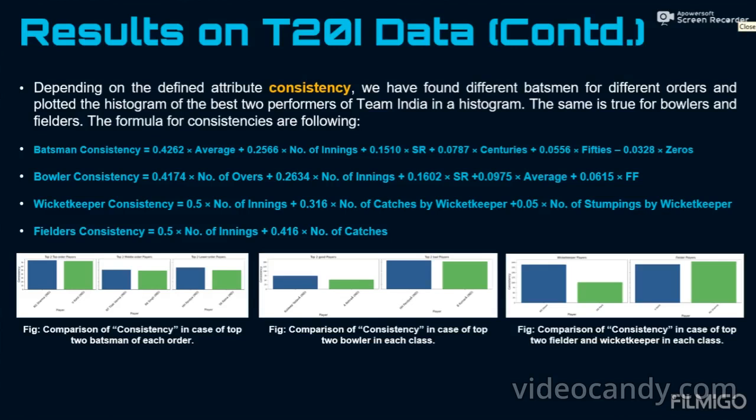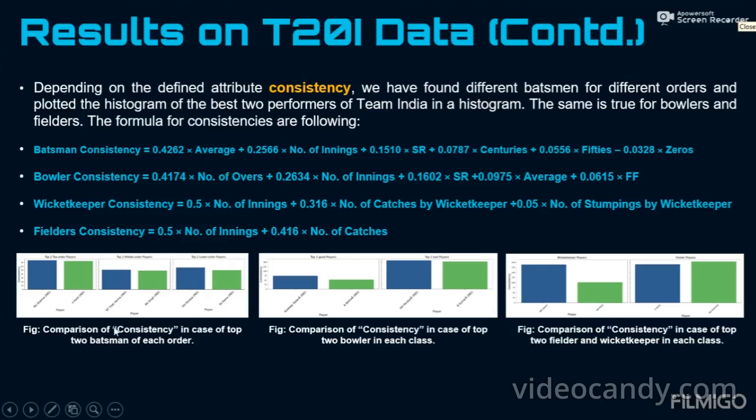Next, depending on the defined attribute consistency, we found different batsmen for different orders and plotted the histogram of the best performers of Team India. The same is true for bowlers and fielders. The formula for consistency is given here.